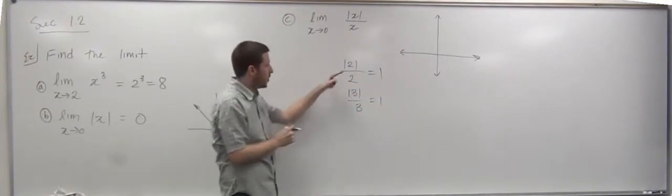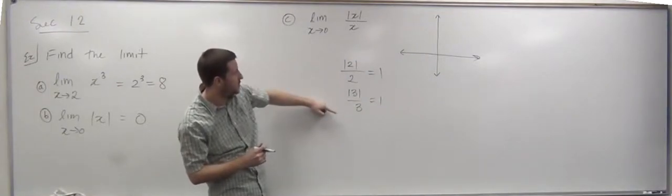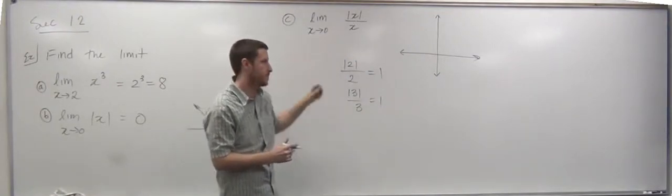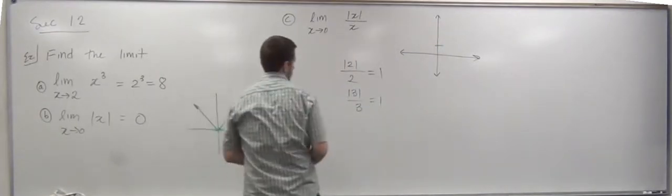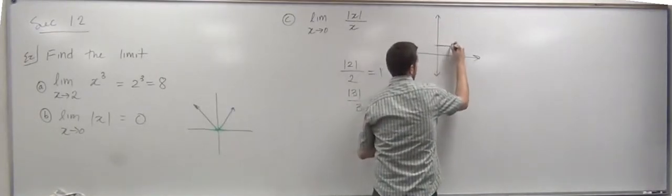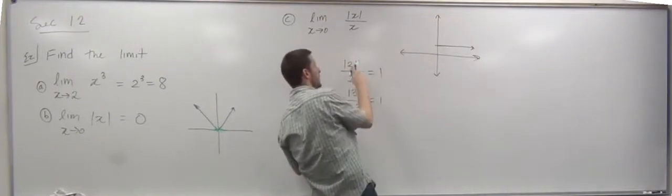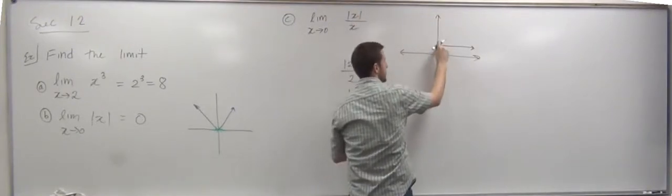So for any positive x value, this is going to be 1. At 0, it's not defined because you get division by 0, so I'll put a hole.